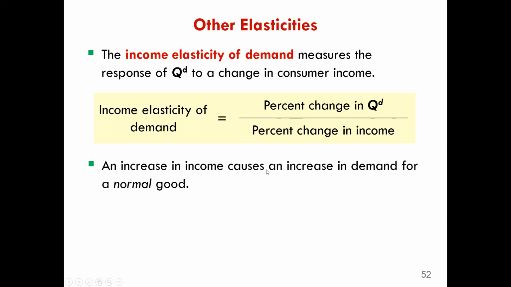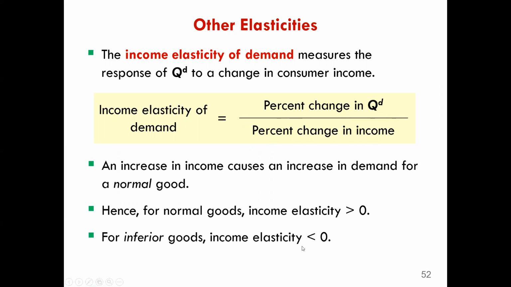So an increase in income will normally cause an increase in the demand for normal goods. Hence, for normal goods, income elasticity will be greater than 0. For inferior goods, as we noted in class, income elasticity will be less than 0.